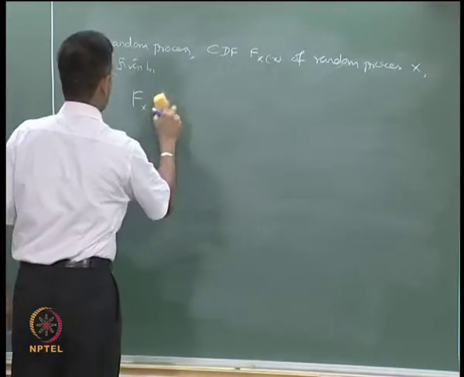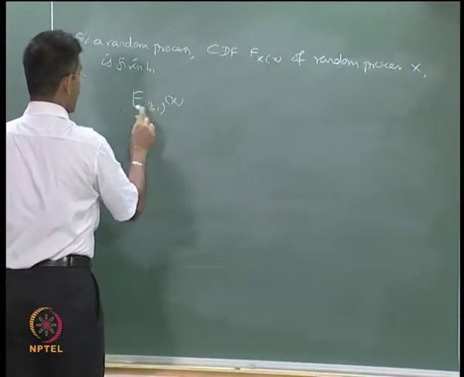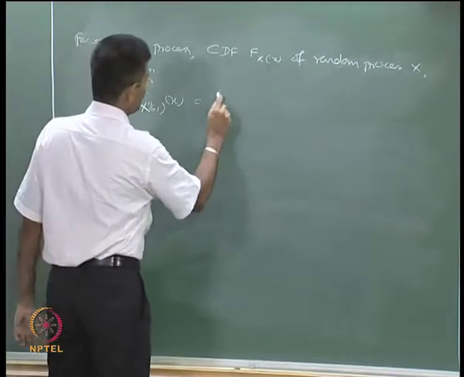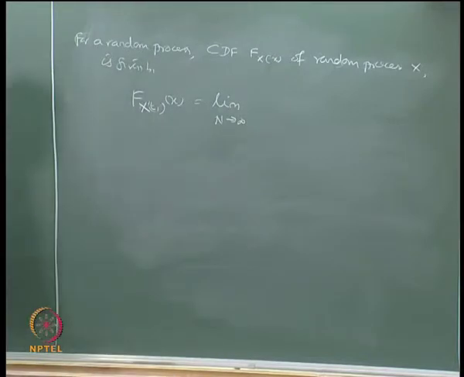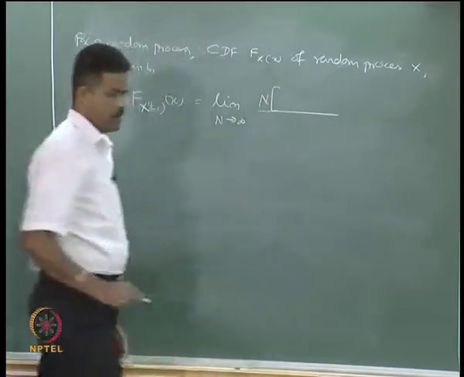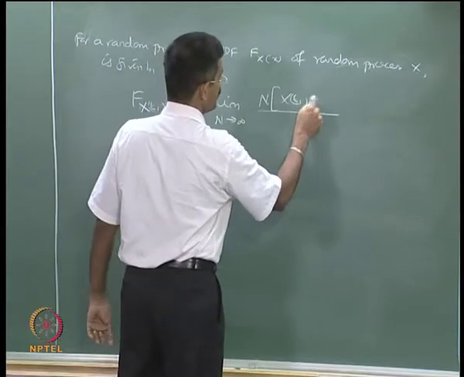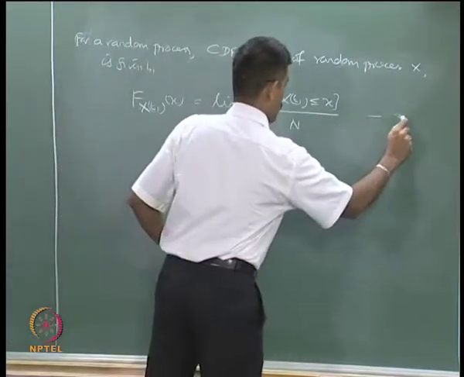Let us say the variable is again at t1, interval of x, this is capital X, is given by limit n tends to infinity, looking for the number of records n of x of t1 less than or equal to x, divided by n, equation number 2.